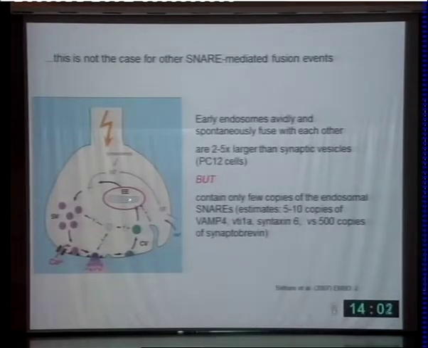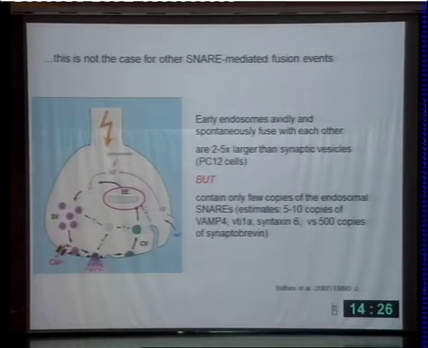Now, in endosomes, however, the synaptic vesicles recycle through endosomes, and we have studied these endosomal SNAREs quite a bit. These endosomes fuse. They fuse in a SNARE-mediated way. The complex was on one of the previous slides. Even though the neuronal, the exocytotic SNAREs recycle, they are not involved in this fusion reaction. So you can use an endosomal fusion assay. You can treat them with certain neurotoxins to shave off all the neuronal SNAREs.